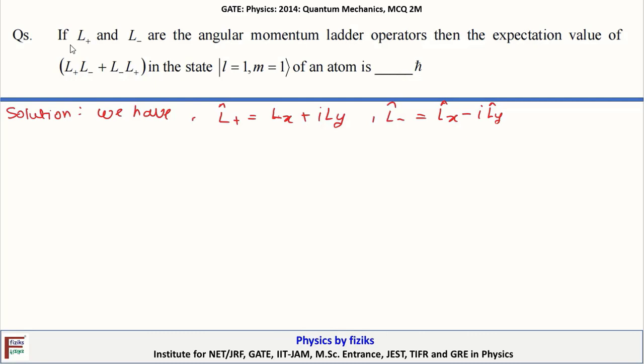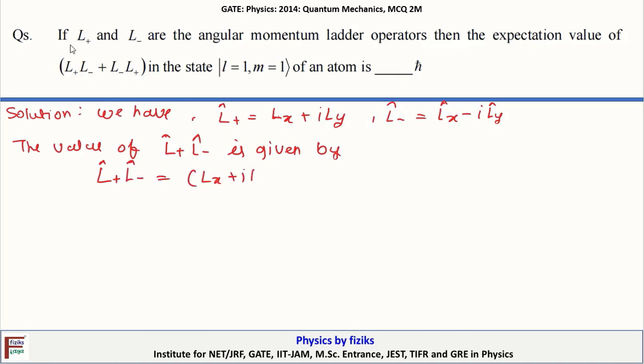Okay. Now the value of L plus and L minus is given by L plus L minus is equal to Lx plus ILy times Lx minus ILy is equal to Lx square plus Ly square plus ILy Lx minus Lx Ly.